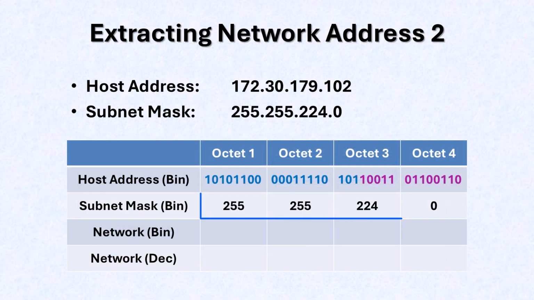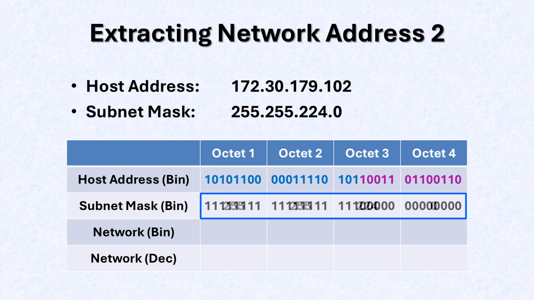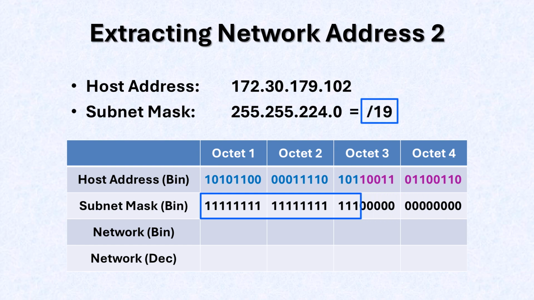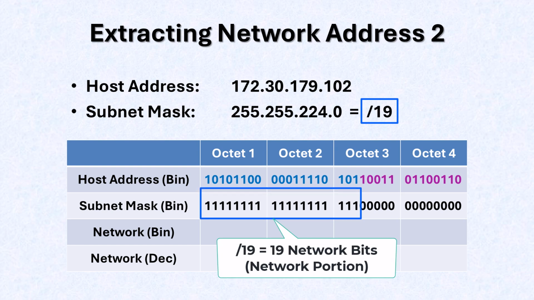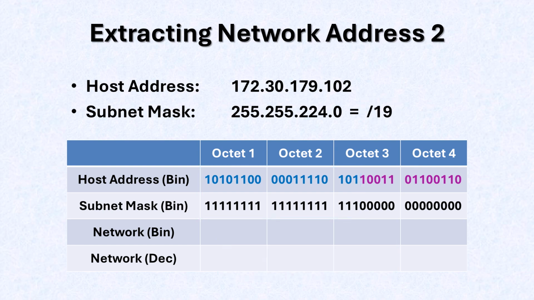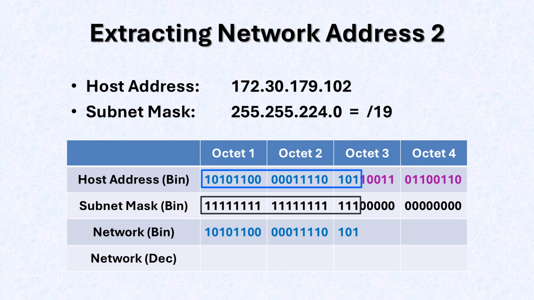In step 3, the subnet mask is converted to binary. This subnet mask corresponds to a prefix length of /19. The prefix length indicates the number of network bits, which agrees with the subnet mask because the first 19 bits identify the network portion. In step 4, the AND operation is performed. Once again, notice where there is a 1 in the subnet mask, the original host bits filter through, unchanged.